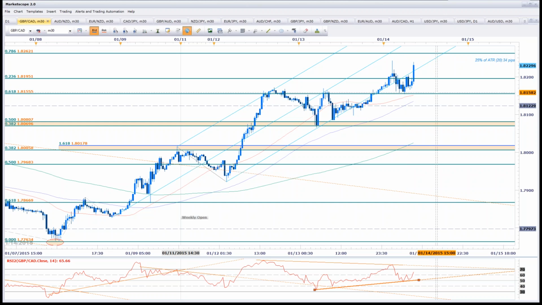Doesn't necessarily mean that's the entry, because the stop might have to be 50 pips away. If that's the case, we're only looking for 35. I can't really make a position out of that. So in such a scenario, we would look for a little recovery, a pullback, and then that gives you a little bit better risk to reward, and we'll look to play the rebound. So just a quick tidbit there on how you want to be moving through the scalp, as it were, on the levels.